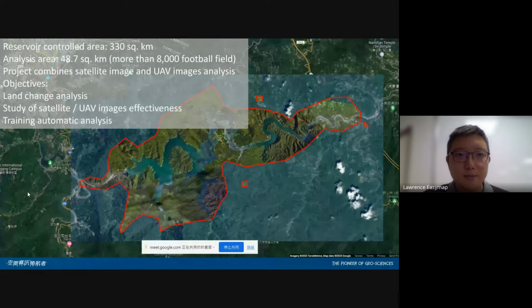So it is very big as well. We compare the satellite image and also the UAV image to do the analysis. Also in this project, we want to train, if it is possible, to analyze the images automatically using artificial intelligence, and to compare the effectiveness of using satellite images and UAV images.